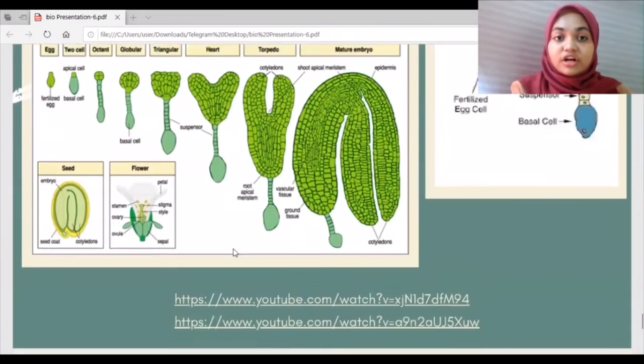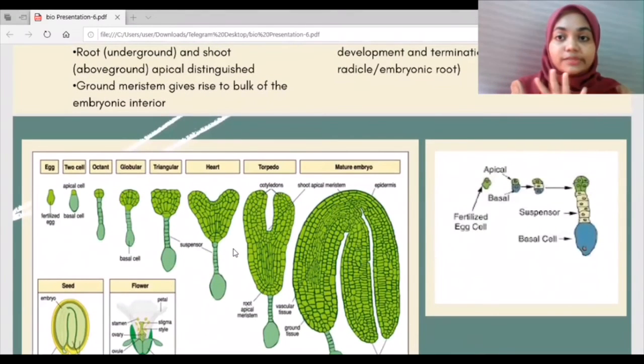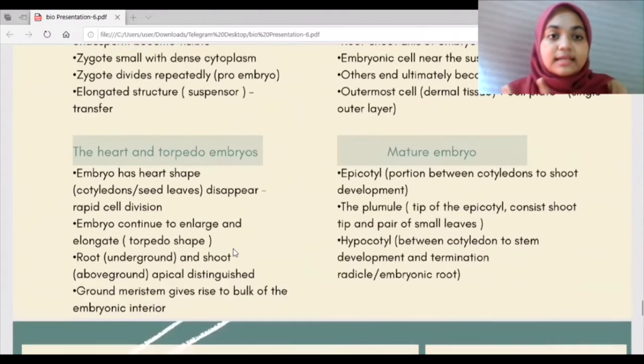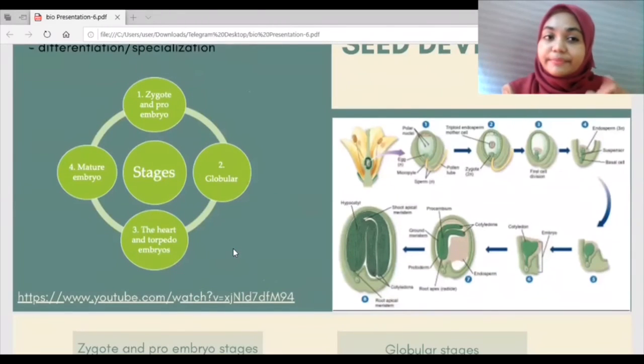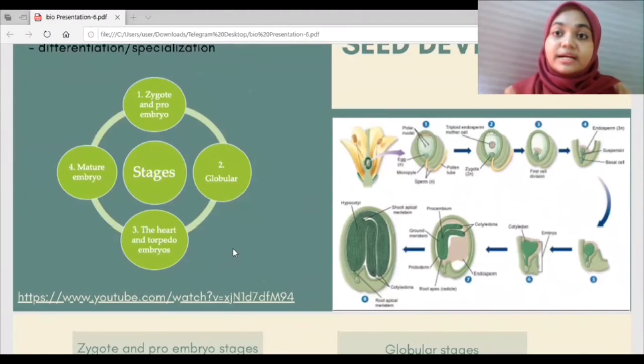Okay, that's all for seed development. The first stage is the zygote embryo stage: after fertilization we have the zygote, which divides and becomes a proembryo, with the elongated structure we call the suspensor.